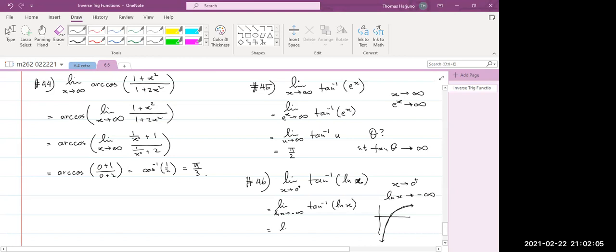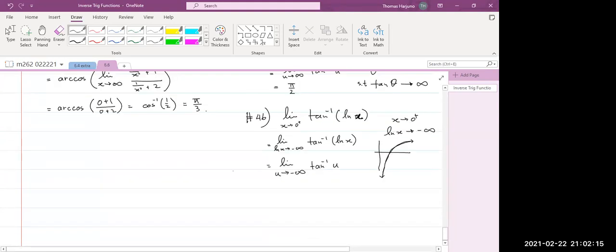We call that u. The limit as u goes to negative infinity of tangent inverse u, we know this is, sorry, negative pi over 2.